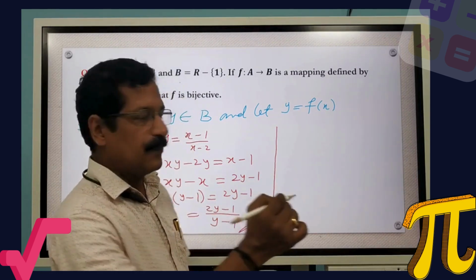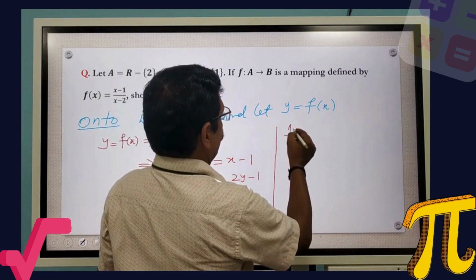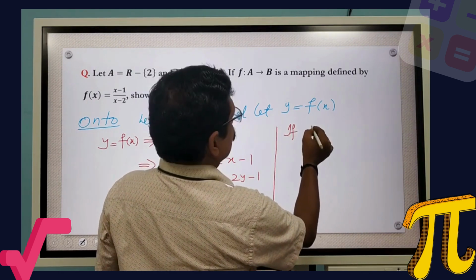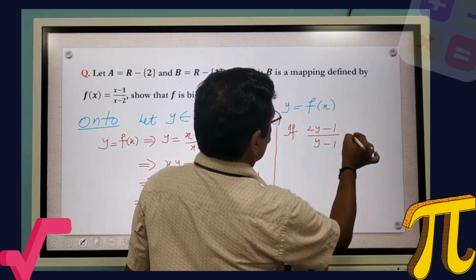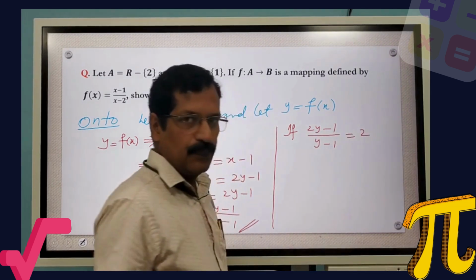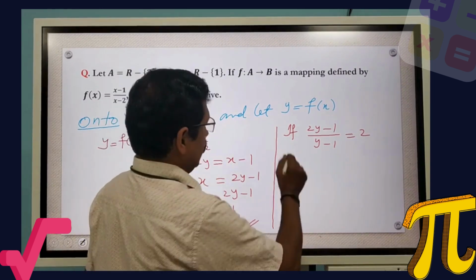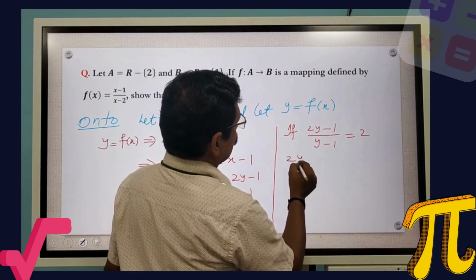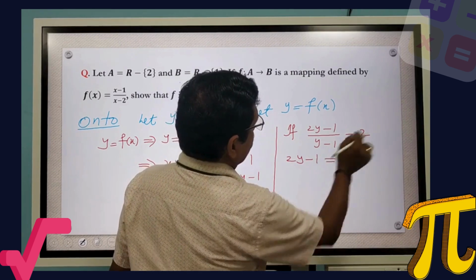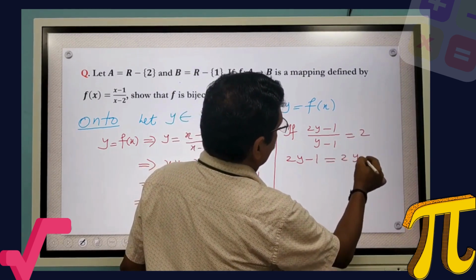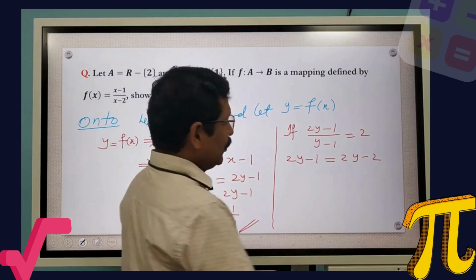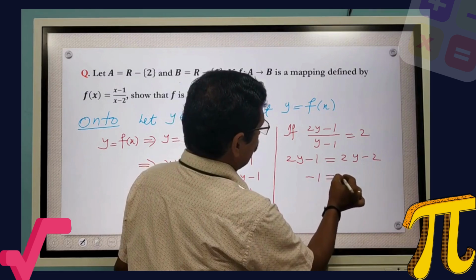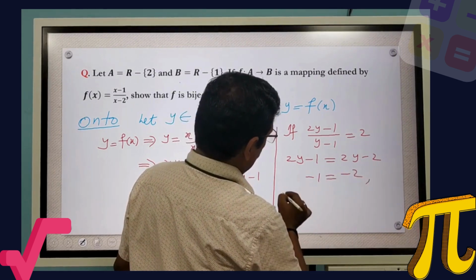That is the verification. If (2y - 1)/(y - 1) is equal to 2, what will happen? Then 2y - 1 will be equal to, by cross multiplying, 2y - 2. By cancelling 2y and 2y, you will get minus 1 is equal to minus 2, which is not possible.